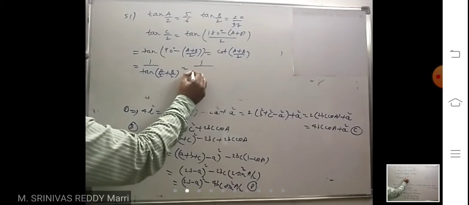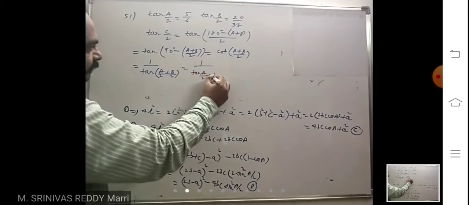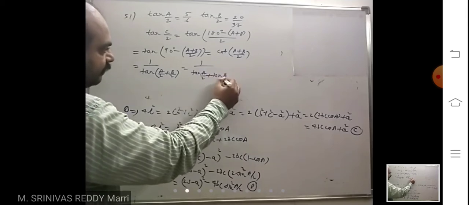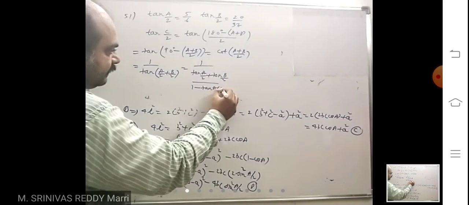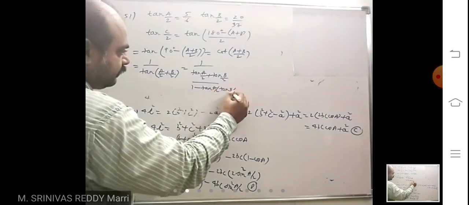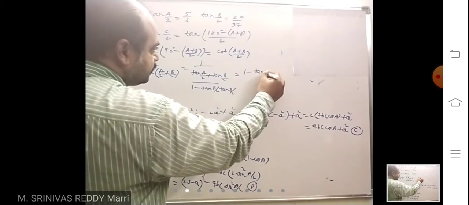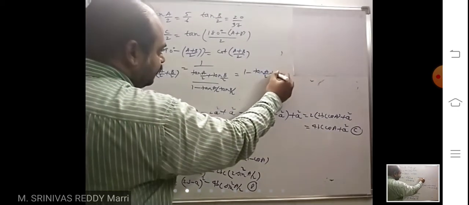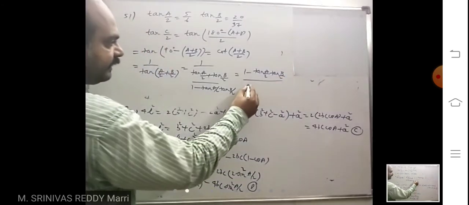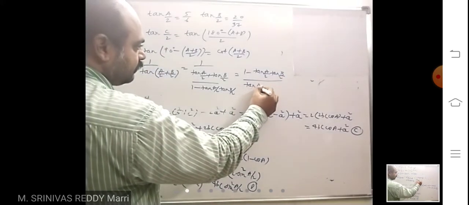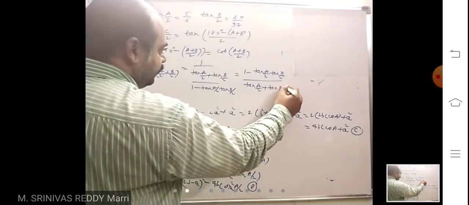Now tan of A plus B is what? Tan A by 2 plus tan B by 2 divided by 1 minus tan A by 2 into tan B by 2. Therefore, this is nothing but 1 minus tan A by 2 into tan B by 2 divided by tan A by 2 plus tan B by 2.